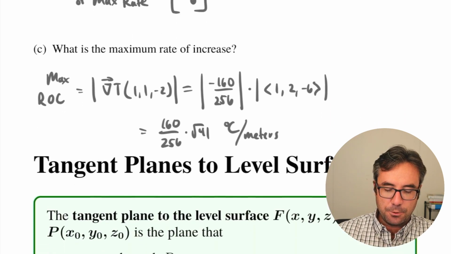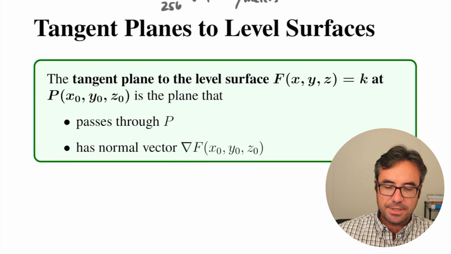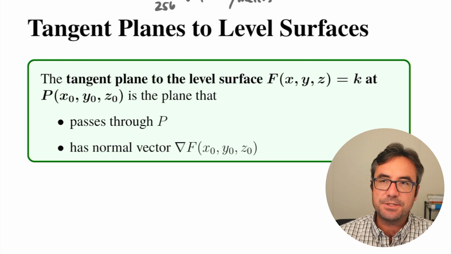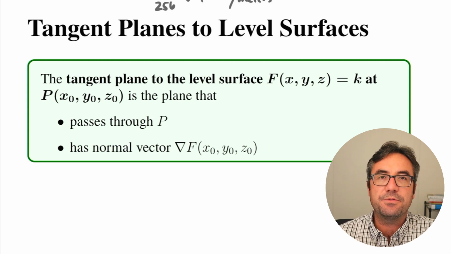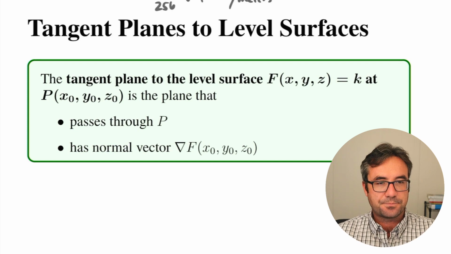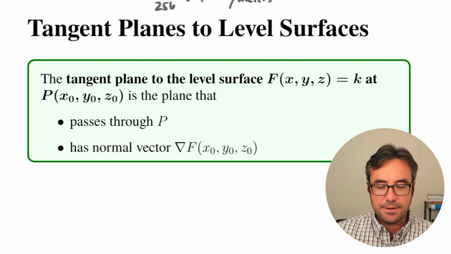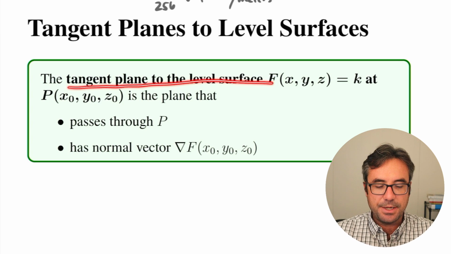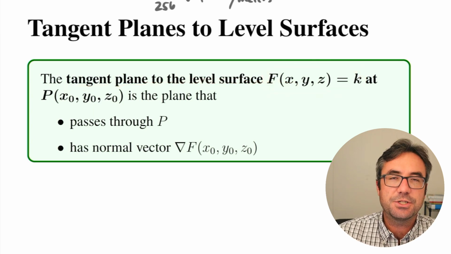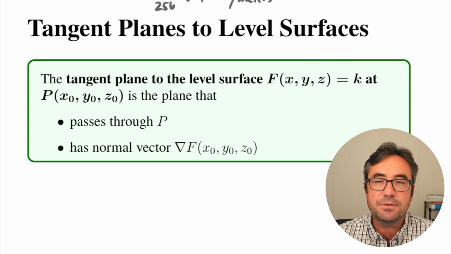All right, so this gradient gives us a way to go back and revisit tangent planes. So we can define the tangent plane to a level surface where we have this equation that's giving us the level surface.